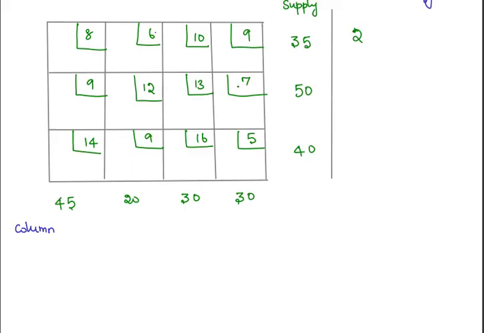And here the least values are 7 and 9, their difference is 2, and here 5 and 9, the difference is 4.